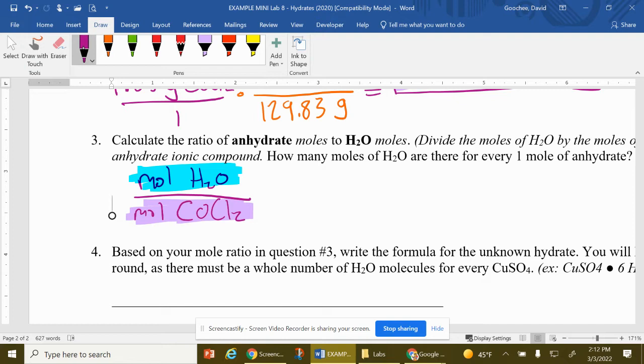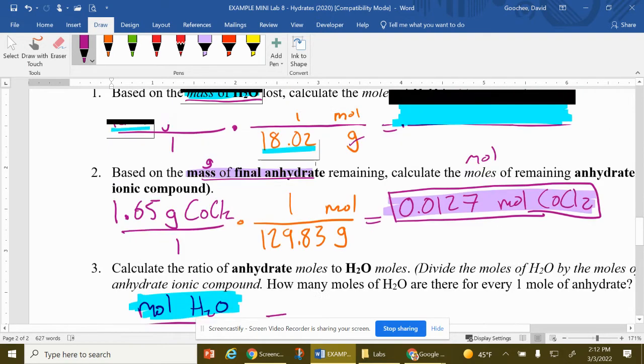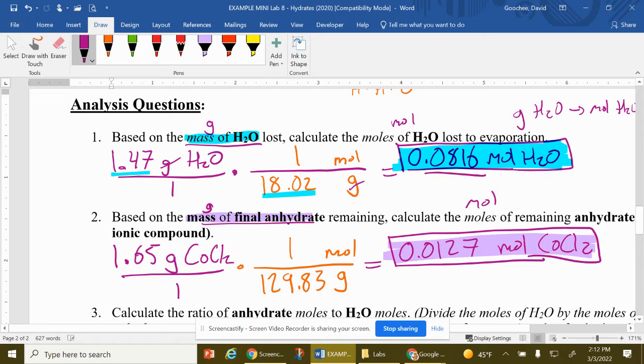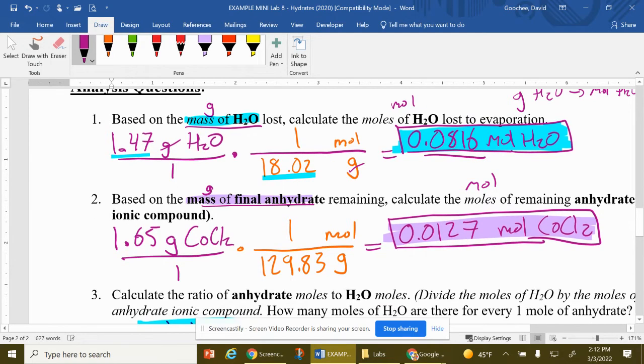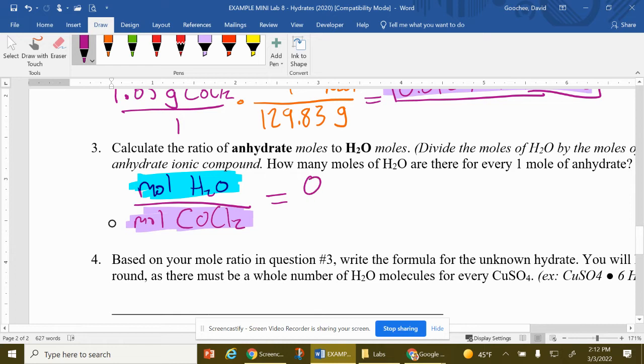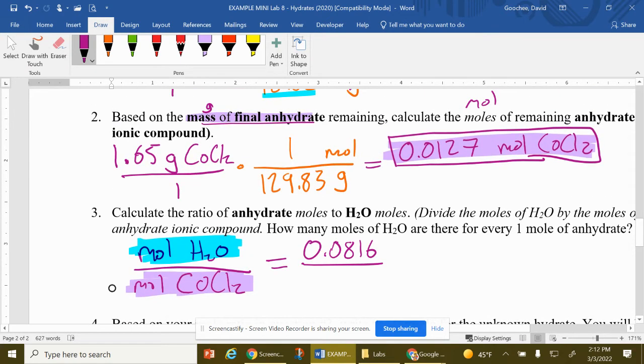Okay, so here we go. It's just moles of H2O divided by moles of CoCl2. For me, moles of H2O was 0.0816. That's how many moles of H2O we have. Then moles of CoCl2 is 0.0127.